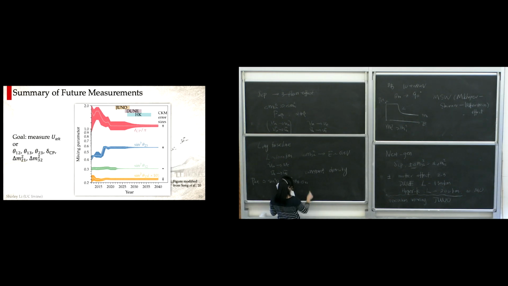mass enters, let me erase this. They always enter as delta m squared L over 4E. So I'm going to call this capital delta. So delta 3,1. Delta 3,1 minus VL over 2. And this V is the matter potential.